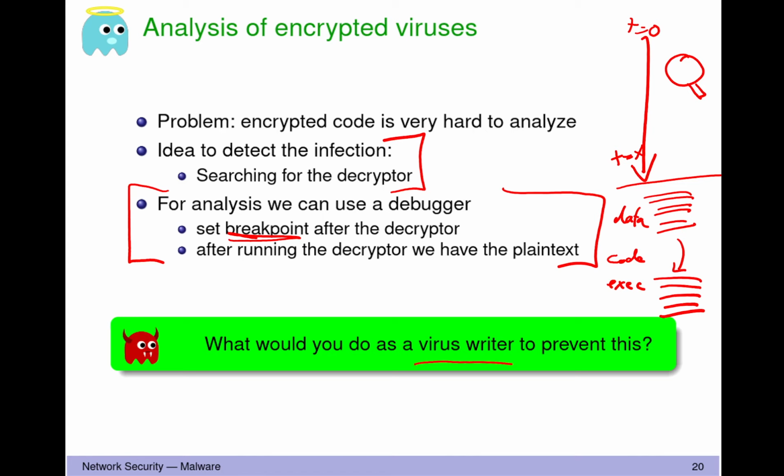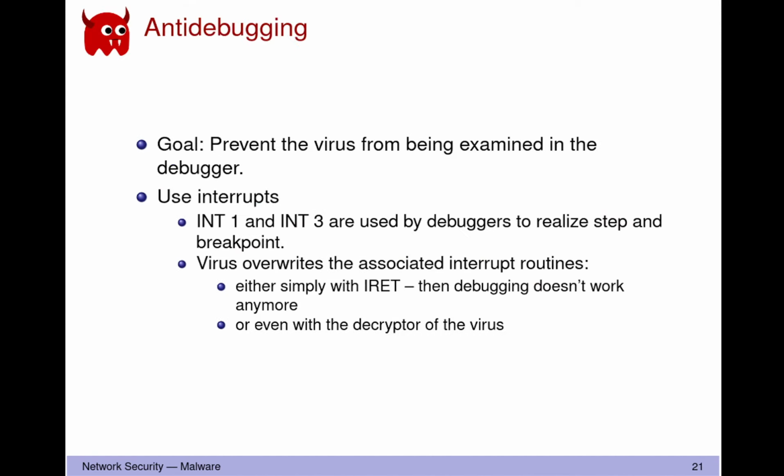The question is, can you as an attacker identify whether you are being examined in the debugger or not? Can you identify that you are running in an unsupervised state or in a sandbox? What you can do is use some interrupts. What does that mean?